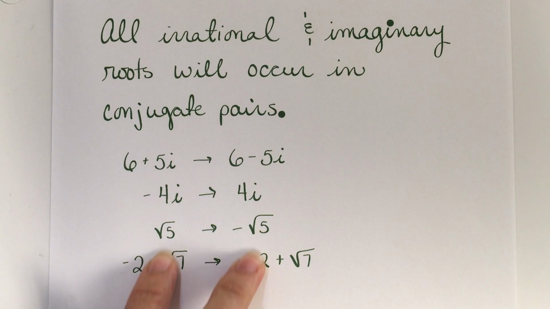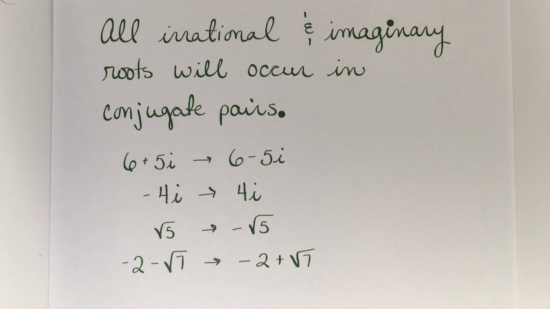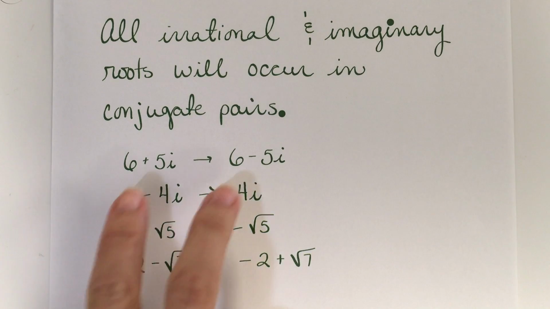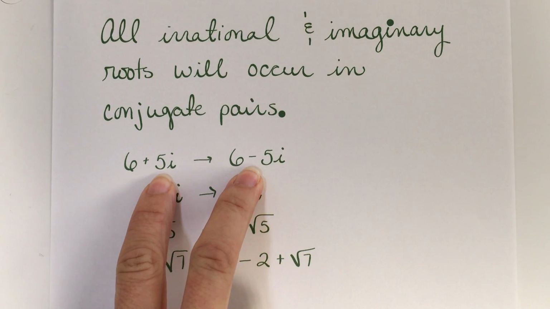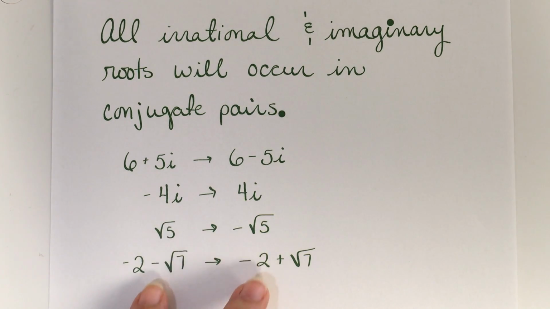Irrational are going to be like these 2, where you still have a radical sign. Now, it says that your irrational and your imaginary roots will occur in conjugate pairs. If it's a pair, that means there have to be 2 of them. That's why on each line here you can see that I have 2 roots. That's because they're in pairs.